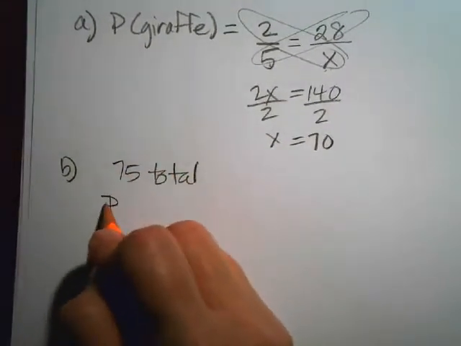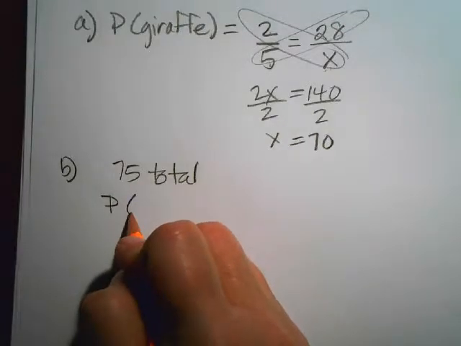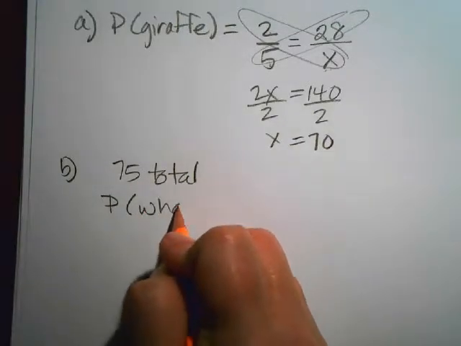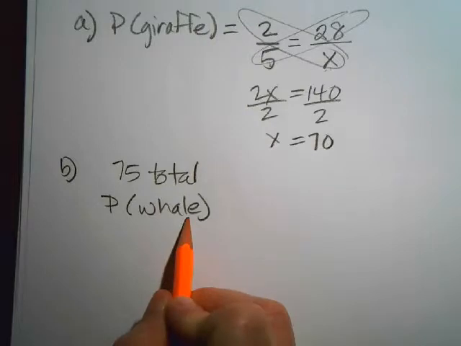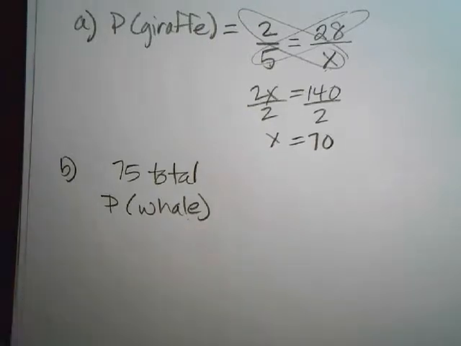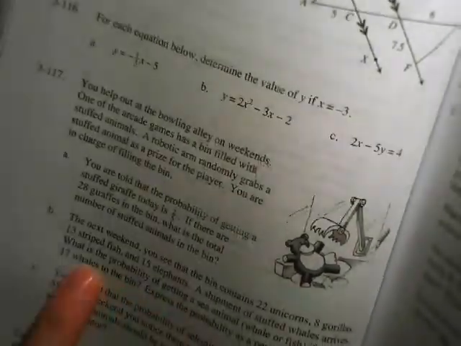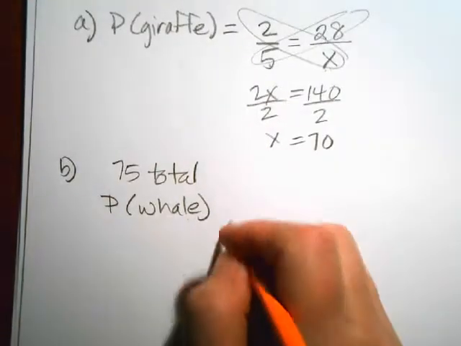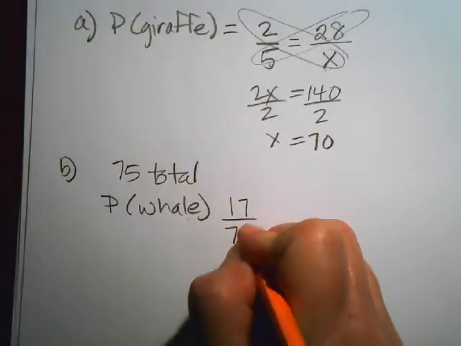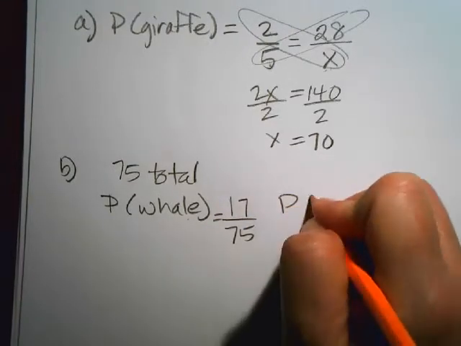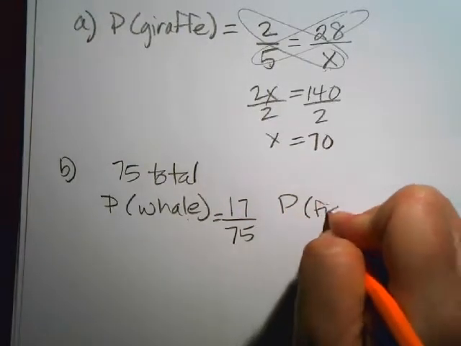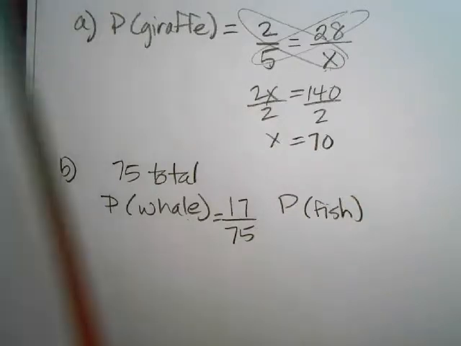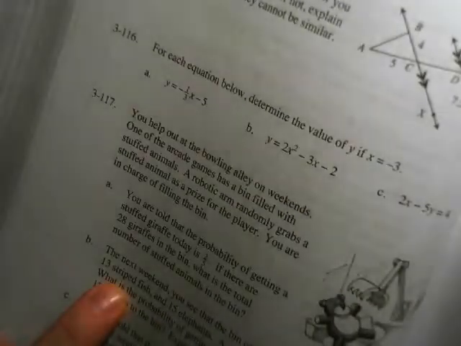what's the probability of getting a whale or a fish. Well, the probability of getting a whale, there's 17 whales out of 75 animals. Probability of getting a fish, there's 13 striped fish out of 75 animals.